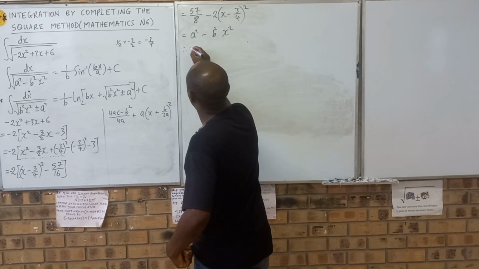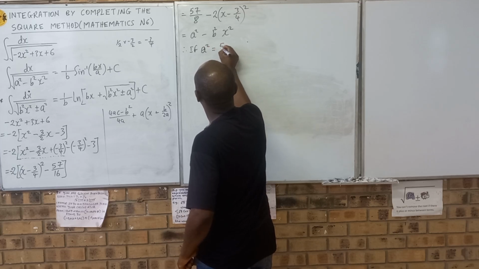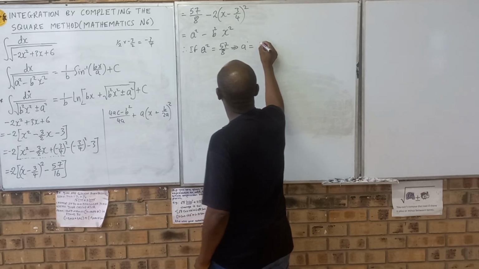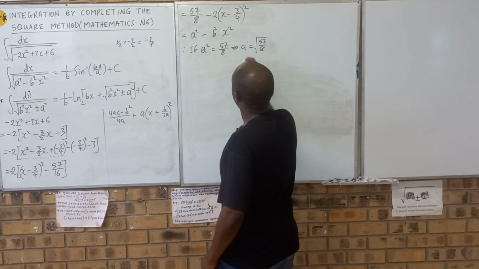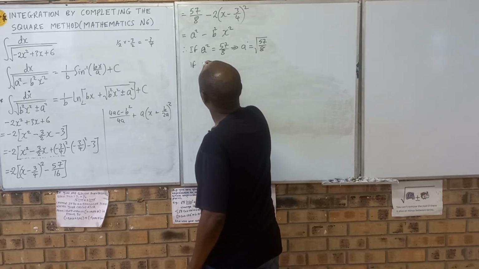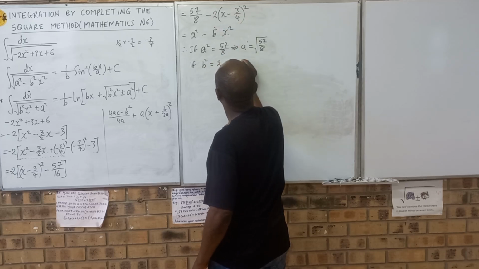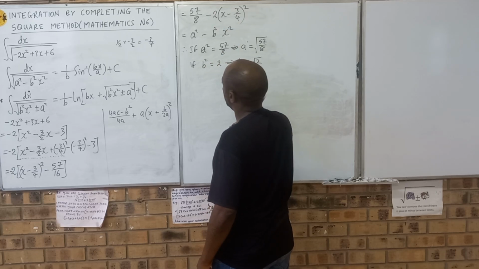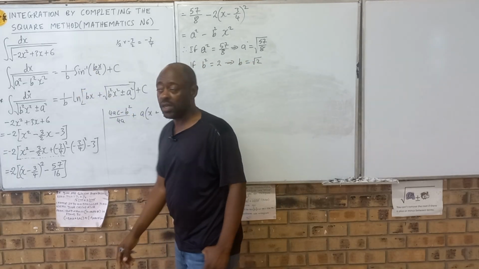So therefore, if a squared is equal to 57 over 8, that will mean a should be root 57 over 8, and if b squared is matching 2, then b should be root 2. It's important to do that because we need a and b on the right hand side.